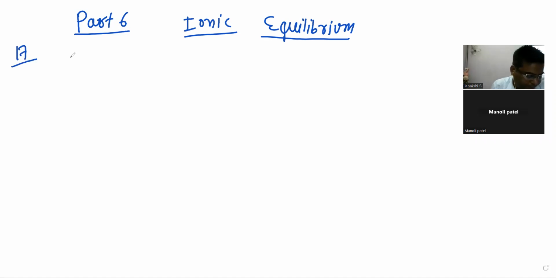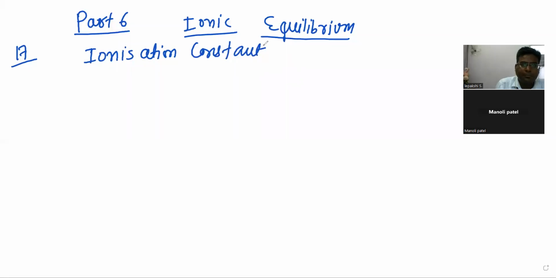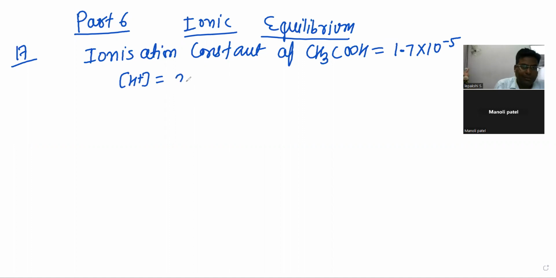The ionization constant of acetic acid CH3COOH is given, equal to 1.7 into 10 raised to minus 5, and the concentration of H plus is given, that is 3.4 into 10 raised to minus 4.